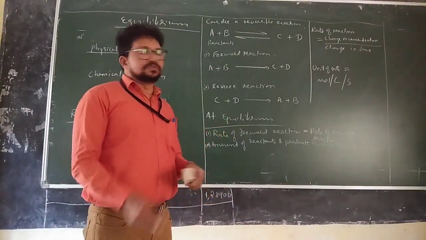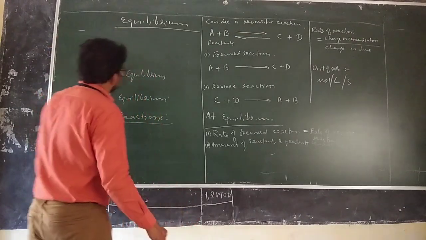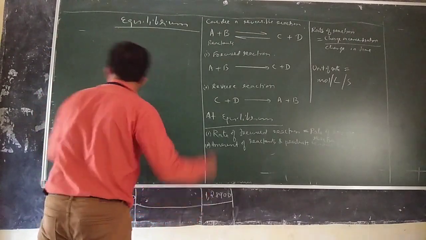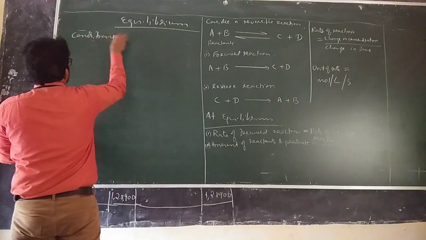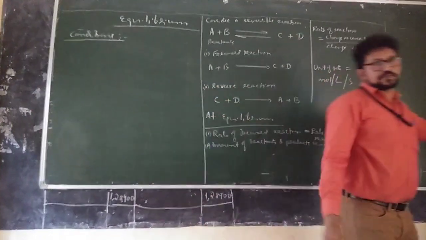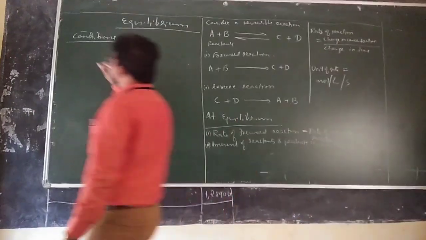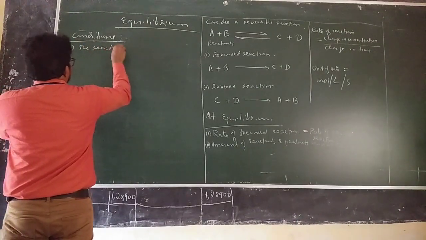Now, let me give you the conditions to attain equilibrium. Under what condition is equilibrium possible? The first condition: the reaction must be reversible.